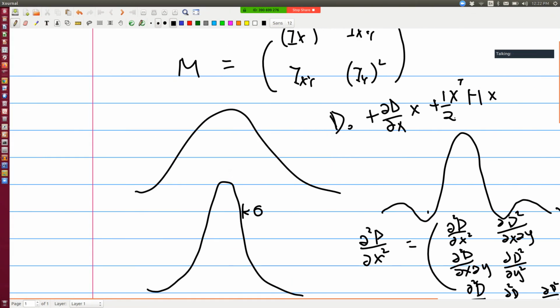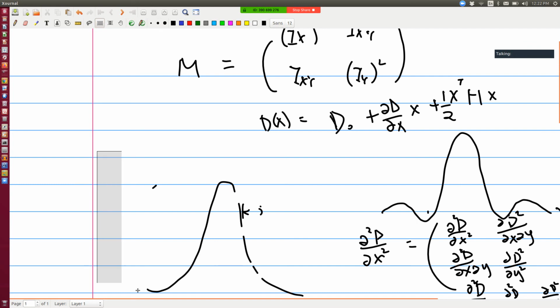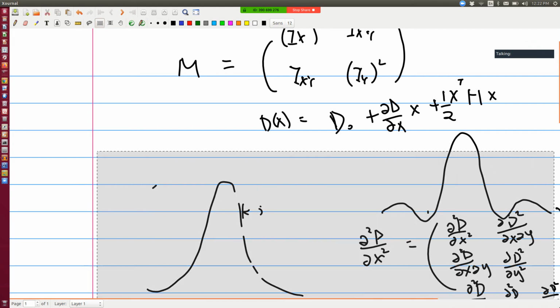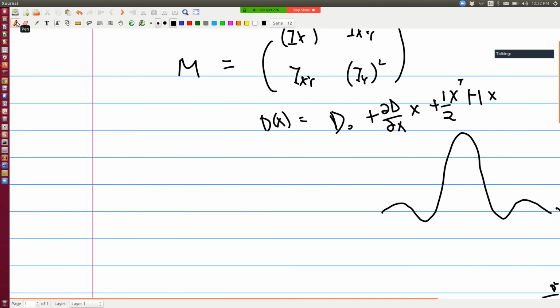If you look at the maximum for this, you try to take the derivative, right? So if I have a Taylor series expansion for this, note that all my x is now a column vector.